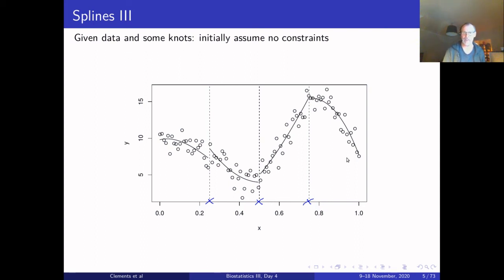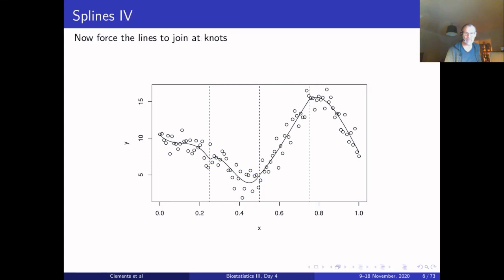But if we're looking at these, they don't look that nice. So the first thing we do is say, let's have them join up here, here, and here at the knots. And now, yes, they're joined. That looks quite good there.